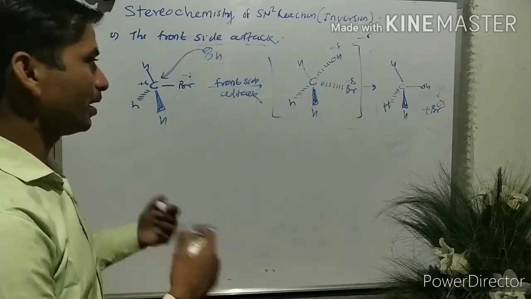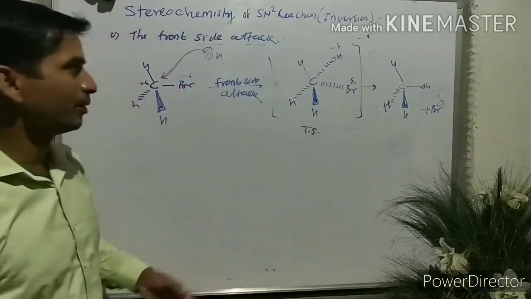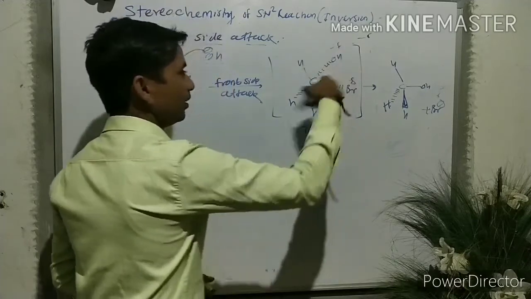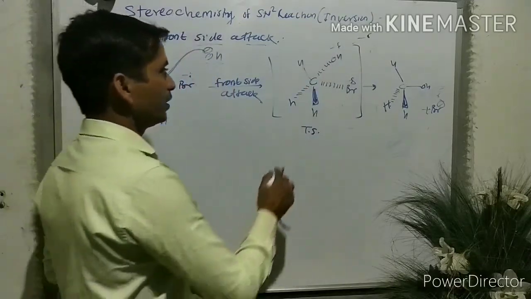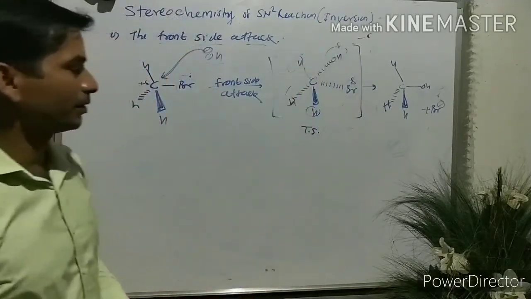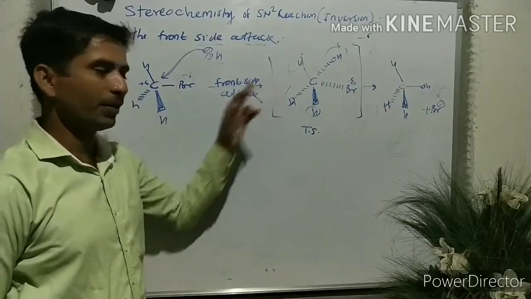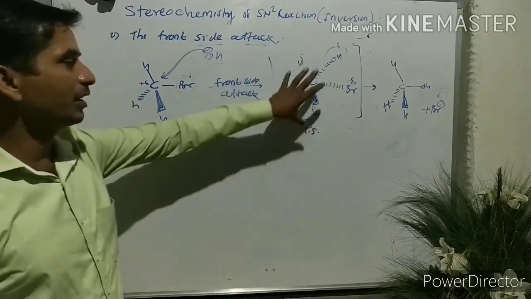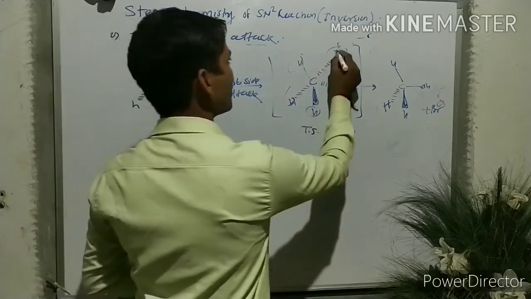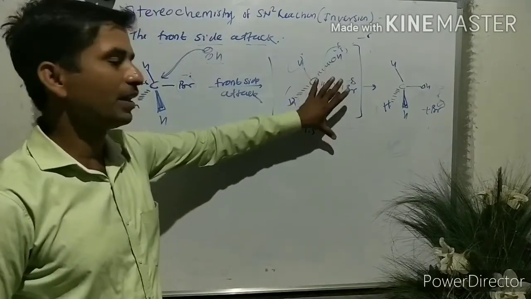If we see the transition state of this possibility, it is a five-membered transition state which is very crowded, and there is steric repulsion between the nucleophile and the leaving group. So this transition state is very unstable.